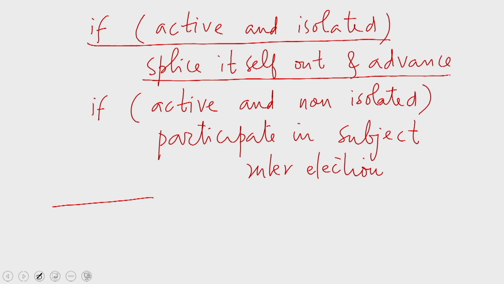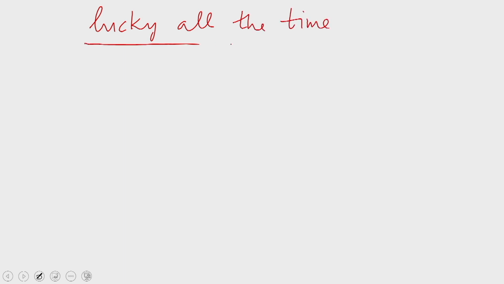If a node is active and it is isolated, it splices itself out and advances. So this is what will happen to the node if it is lucky. So this is what a lucky node is. So let us say we are lucky all the time. In that case, what happens is this.